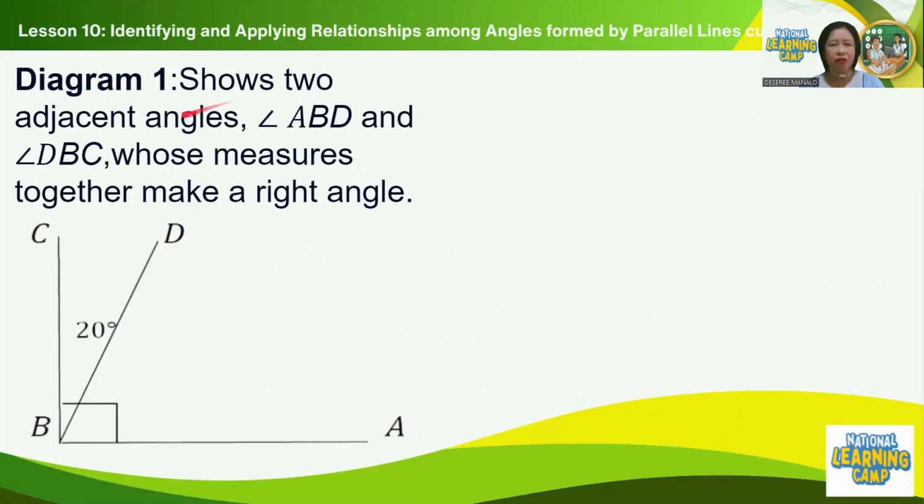Diagram 1 shows two adjacent angles, angle ABD and angle DBC, whose measures together make a right angle. As we all know, if you see the symbol, it means that the measure is 90 degrees.